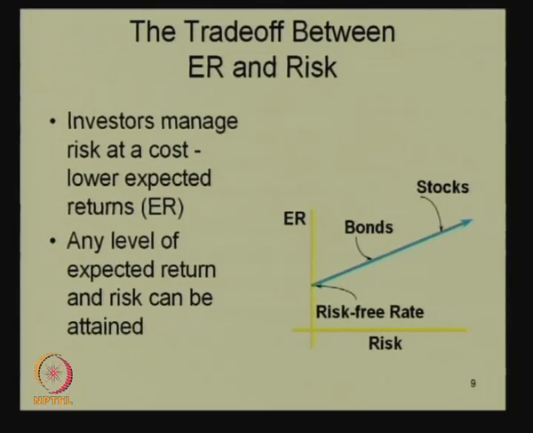Here if you see this diagram, the x axis represents risk, the y axis represents the expected return, and this particular line talks about the trade off between the expected return and the risk.